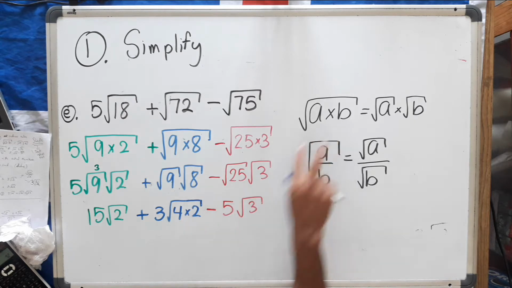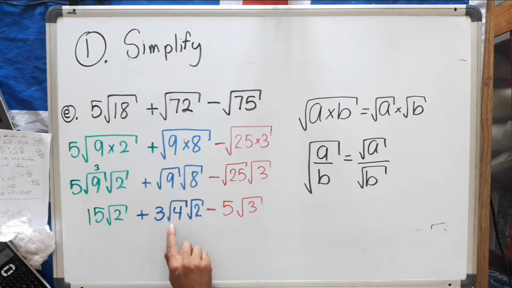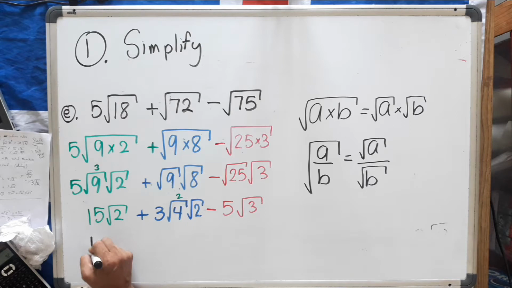So if we apply this, the 4 will get its own square root sign and the 2 will get its own square root sign. So you see the extra step there? But the square root of 4 is 2. And this 2 will get multiplied by the 3 to give us 6.